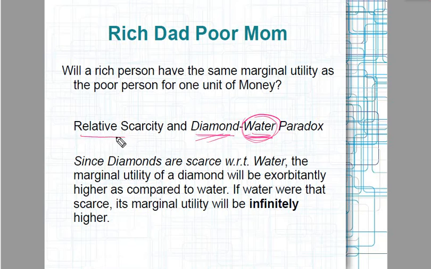So the idea of relative scarcity is that, one way of looking at it is because water is so abundant that it has no value whatsoever, and the diamonds are very rare, so they have immense value.